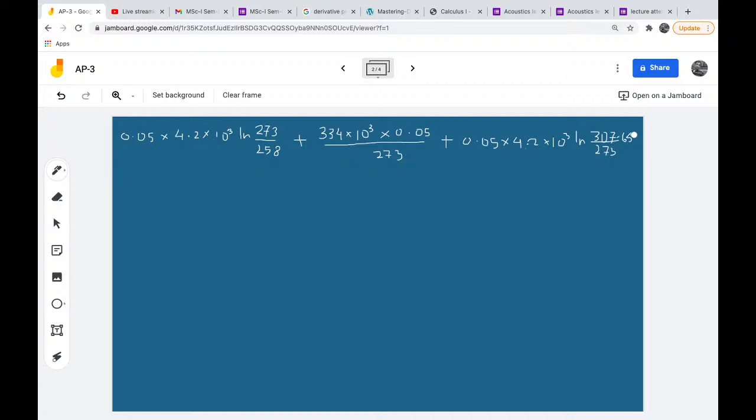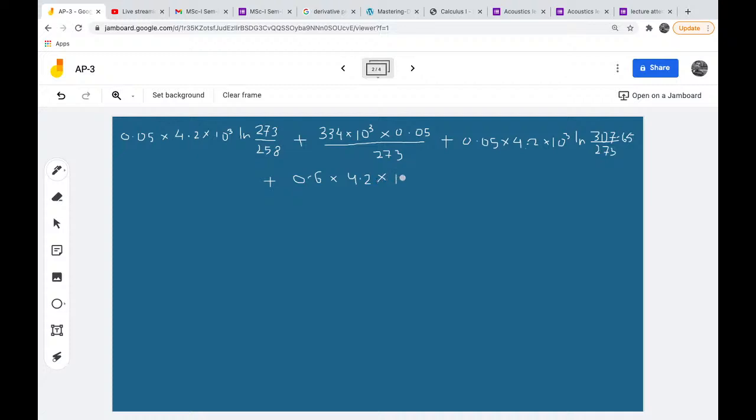So these are all my 3 entropies for the ice. For water, the entropy would be, what would that be? For water, the mass is 0.6 into 4.2 into 10 power 3. Entropy calculations are a little tricky, so I decided to do it here for you.